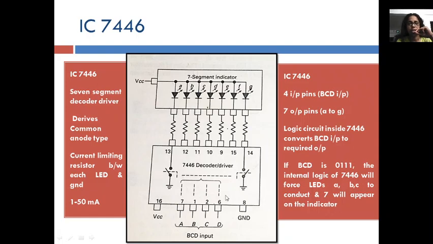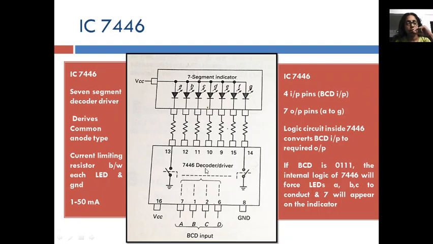Here you can see the IC 7446, which is a decoder IC and is connected to the common anode type 7-segment indicator. Got the point? What is the role of the decoder here?